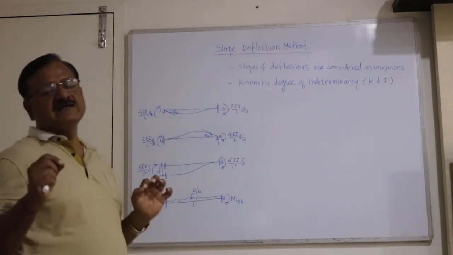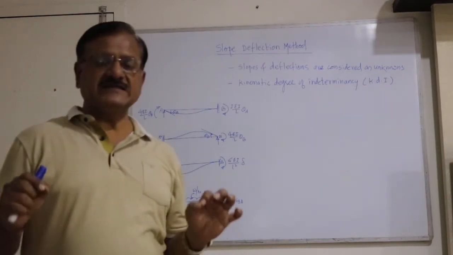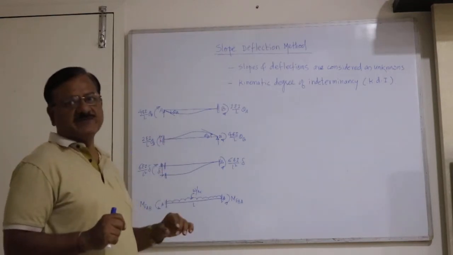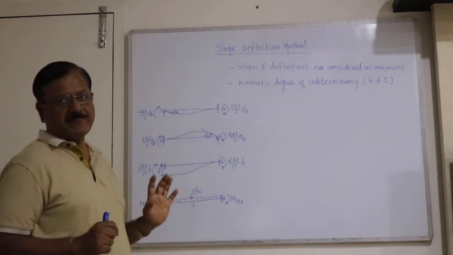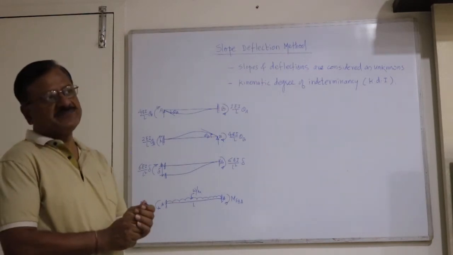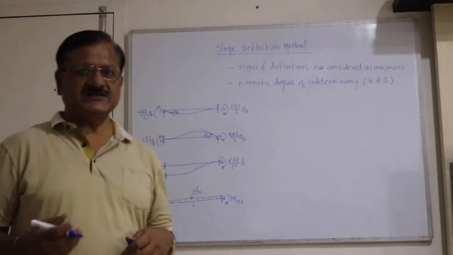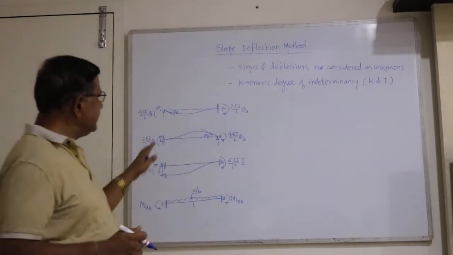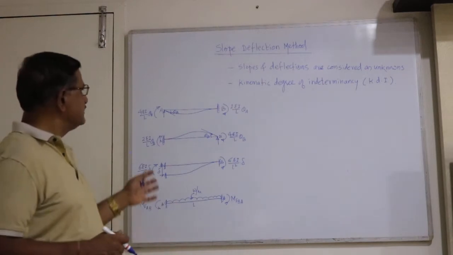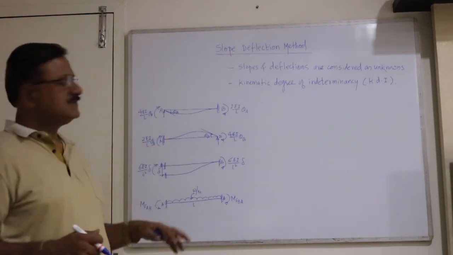AB is a single span, or an intermediate span of a continuous beam, or say AB is a fixed beam. Now in order to develop the slope deflection equations due to the various degrees of freedom or displacements the beam undergoes.